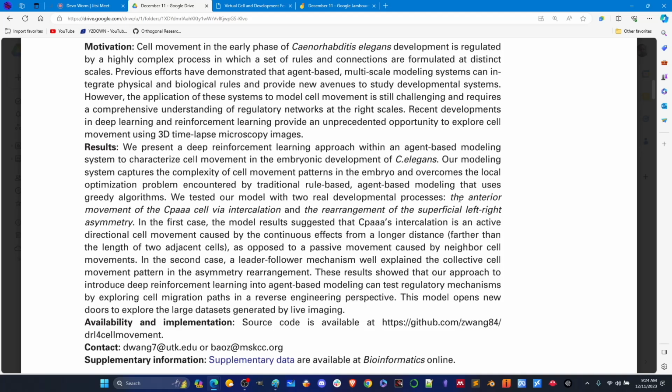In the first case, the model results suggested that CPAAA's intercalation is an active directional cell movement caused by the continuous effects from a longer distance, or farther than the length of 2 adjacent cells, as opposed to a passive movement caused by neighbor cell movements.